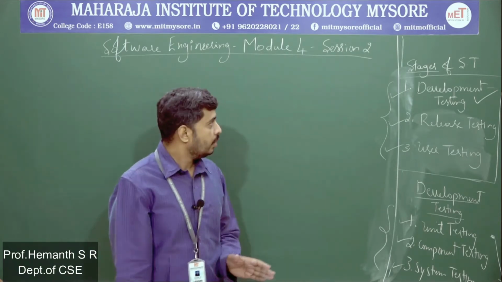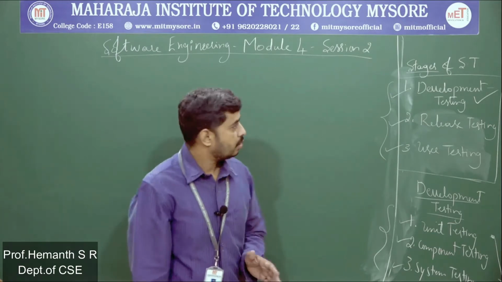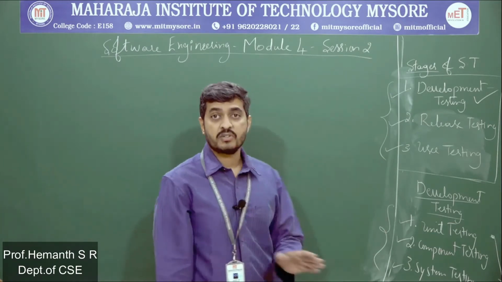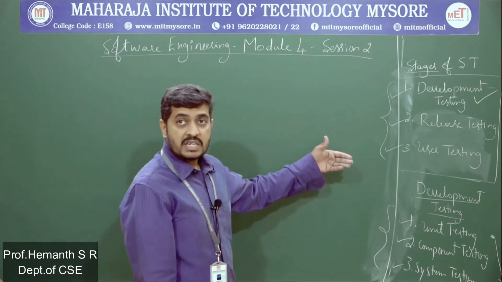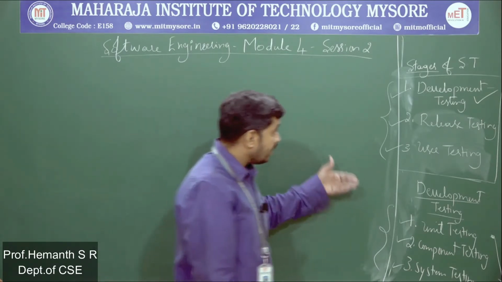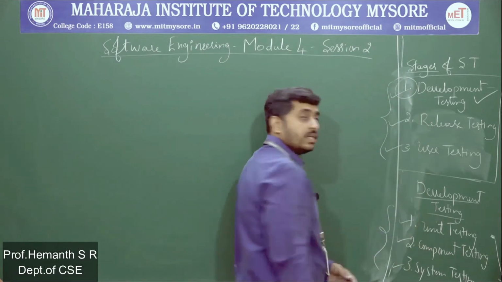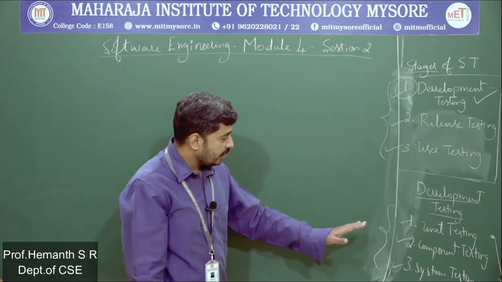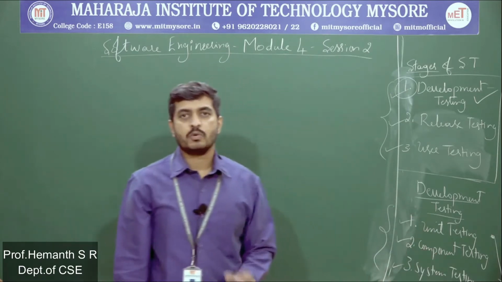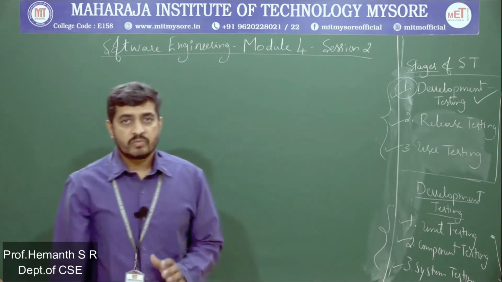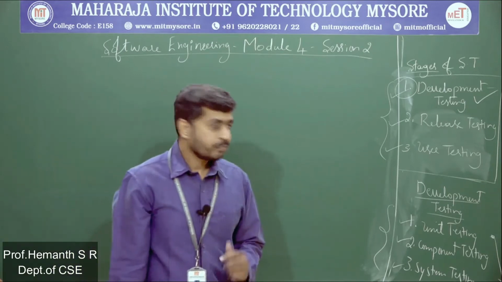We understood the goals of software testing and the different stages of software testing. Among those 3 stages we had taken the very first one, development testing, and explored the different levels in which it could be done. We will continue from this point.